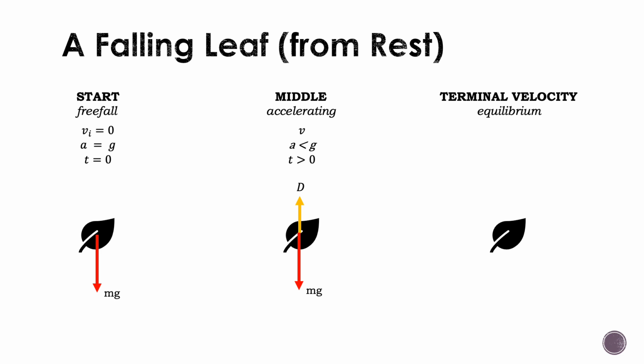Eventually, the leaf will reach what's known as a terminal velocity, and that occurs when the weight force equals the drag force. And when those forces equal each other, once again, it doesn't mean that the leaf stopped moving. It just means that the leaf is moving at a constant velocity. It's no longer accelerating, but it is moving.